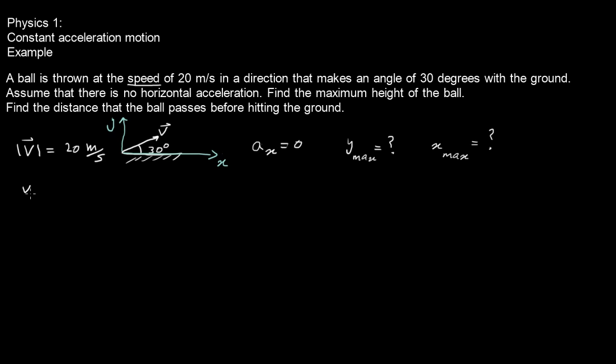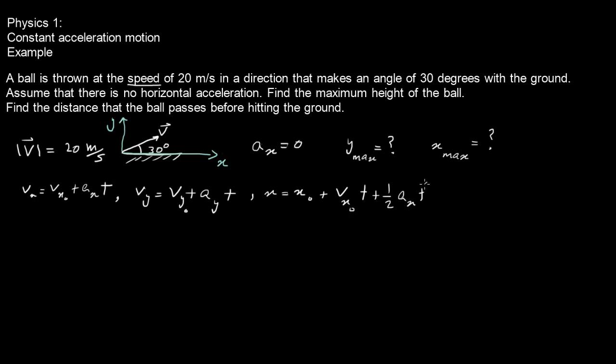One was Vx equals Vx naught plus ax t, and Vy equals Vy naught plus ay t, and x equals x naught plus Vx naught t plus half ax t square, and y equals y naught plus Vy naught t plus half ay t square.